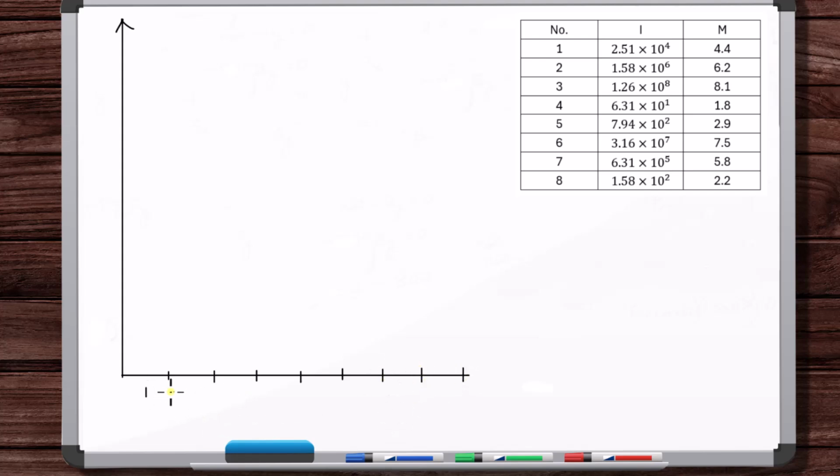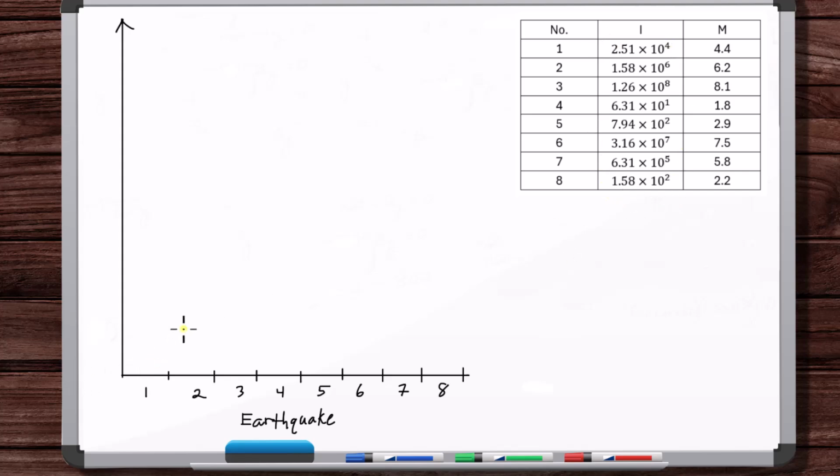Okay, so that's earthquake 1, 2, 3, 4, 5, 6, 7, 8. This isn't a scale. This is just the number of the earthquake, right? There's really only one data point we're plotting, the intensity.